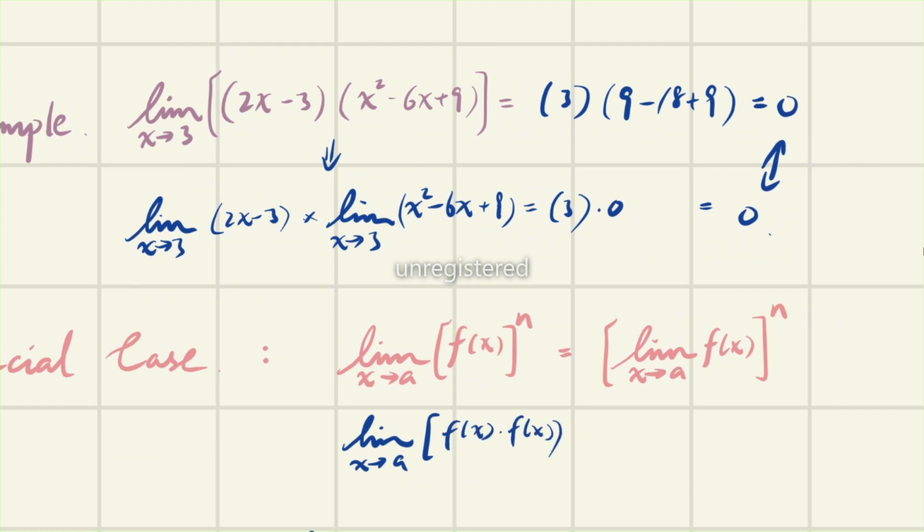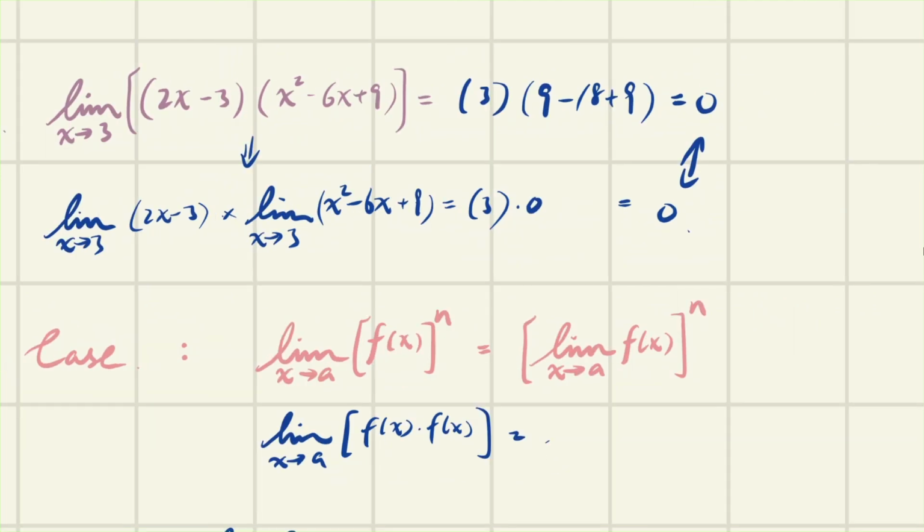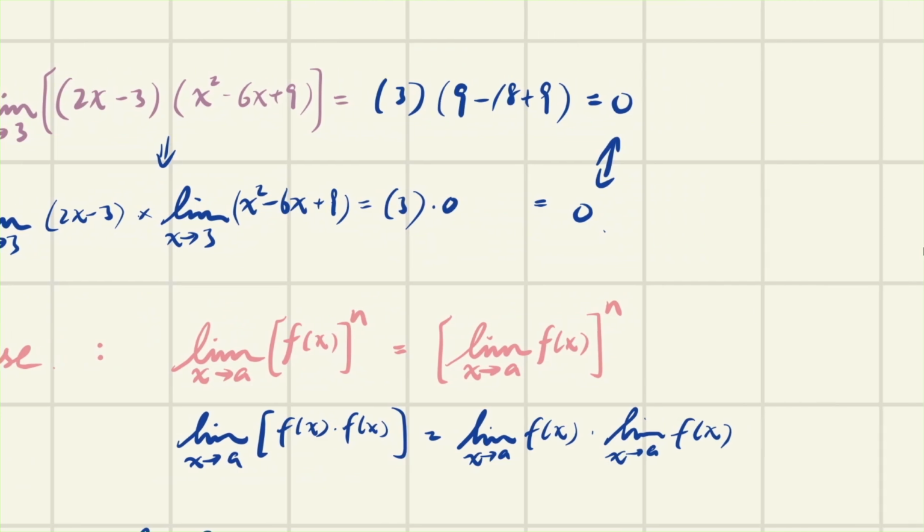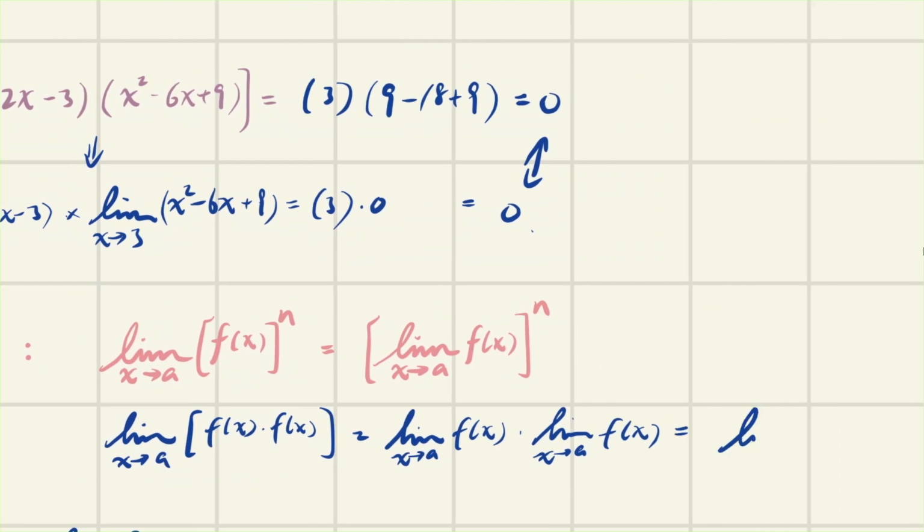And from the multiplication property, we can do limit as x approaches a of f of x, times limit as x approaches a of f of x, which is the limit as x approaches a of f of x, the whole thing squared. And from there, you can see that for the power of n, it's the same thing.